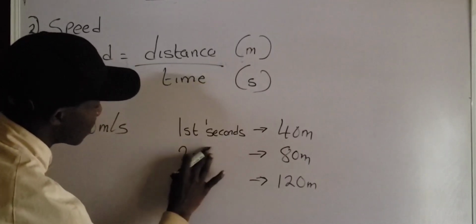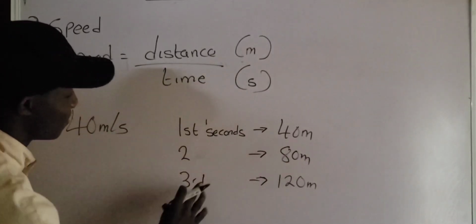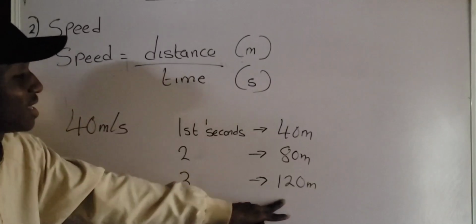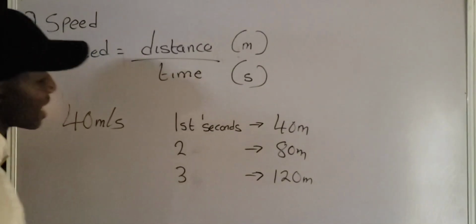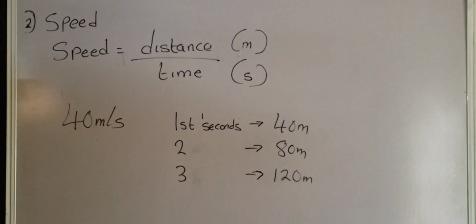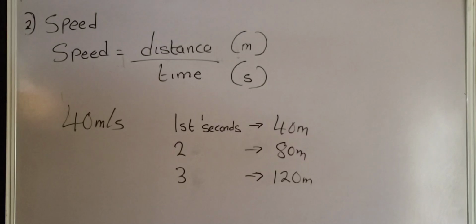At 2 seconds, the distance is 80 meters. At 3 seconds, the distance of the object is 120 meters. So therefore, the speed tells us how fast the distance of an object is changing with respect to time. When you are told to define speed in physics, speed refers to how fast an object is traveling.